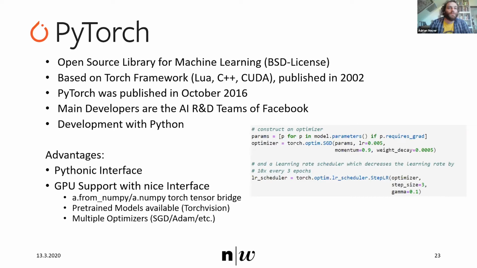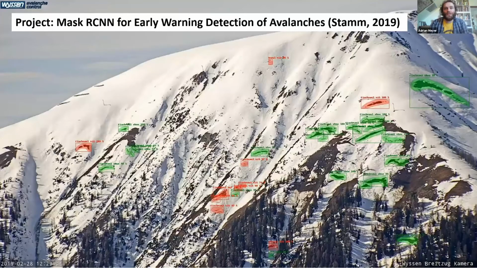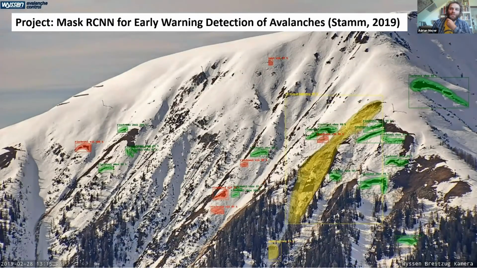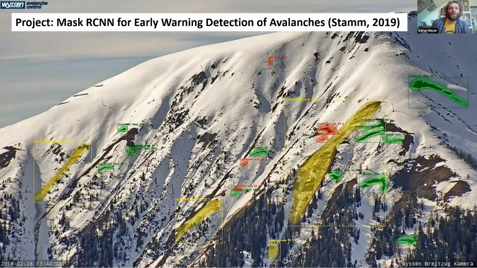It's quite a Pythonic interface, which is nice, and there are a lot of pre-trained models available, and the optimizers are easy to set. We had a student of ours doing his bachelor thesis here on early detection of avalanches, and he used PyTorch and Mask R-CNN for this approach, and you can see it works fairly well on this type of imagery.